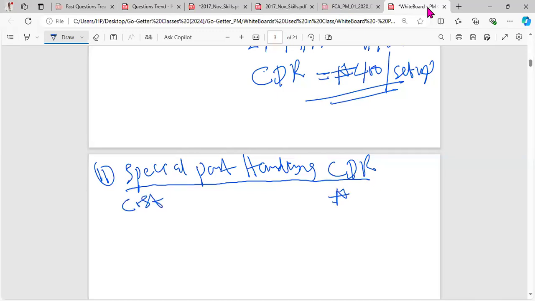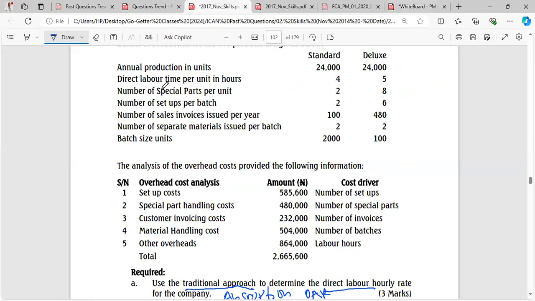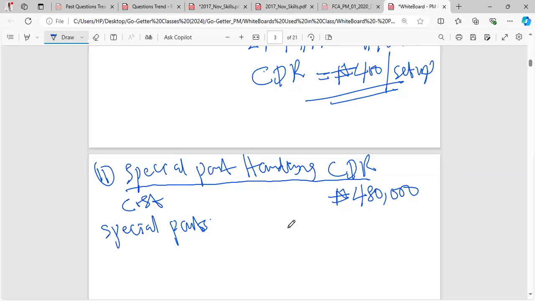So we will say costs, 480,000. Then we will say special parts. Okay, special parts, what is it? They said number of special parts per unit. This is 2 and this is 8. So we'll open a bracket here. We'll multiply, since they say it's per unit, we're going to multiply it by 24,000 units.